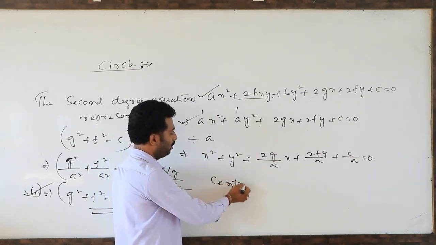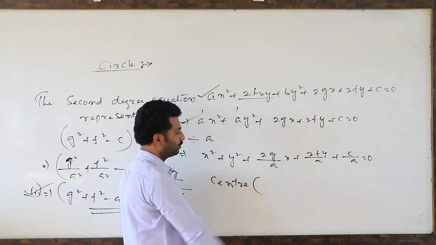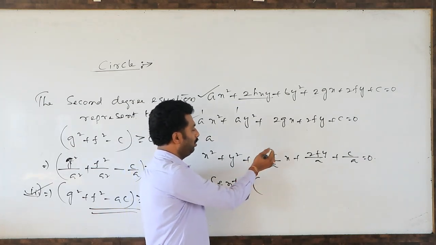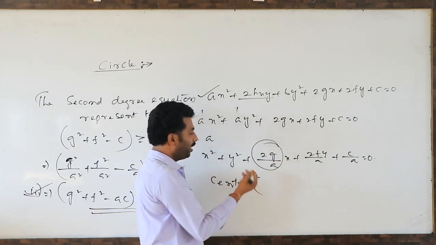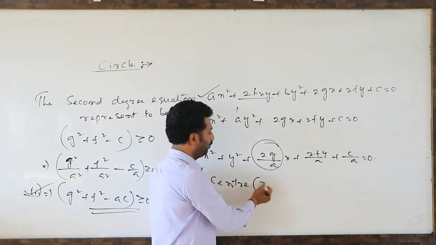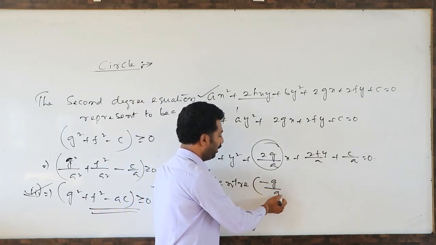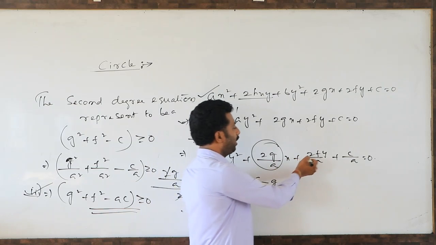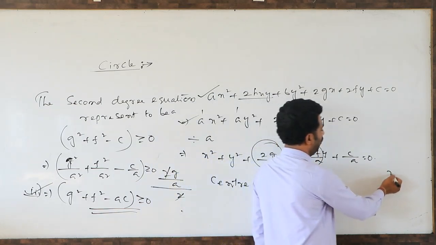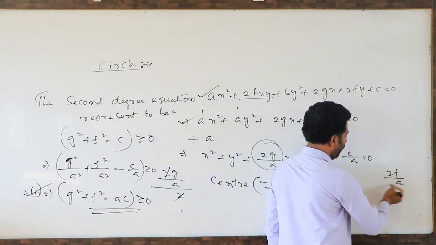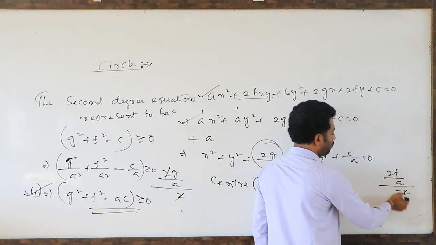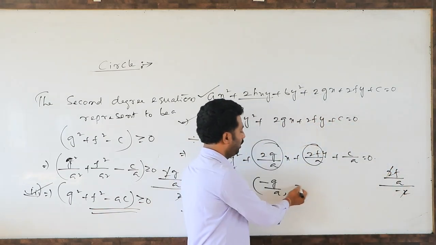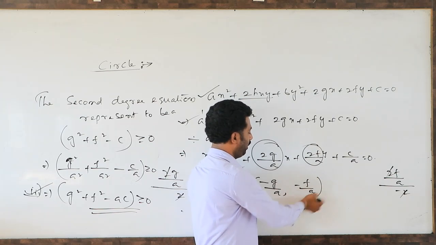What is the center of the circle? What I told: coefficient of x divided by minus 2, we get minus g divided by a. Coefficient of y is 2f by a, divided by minus 2, that is minus f by a.